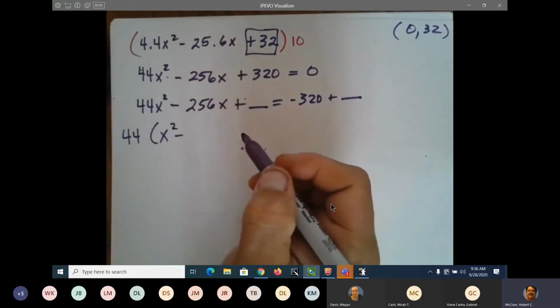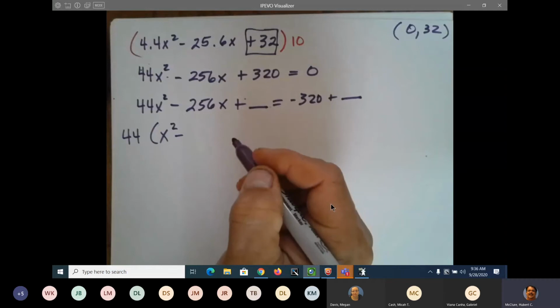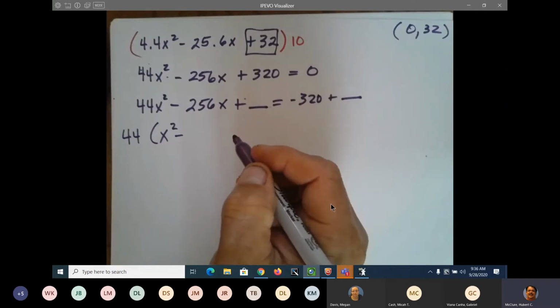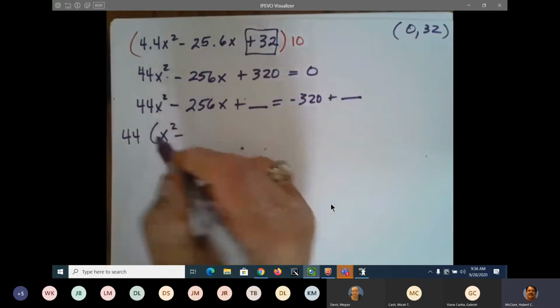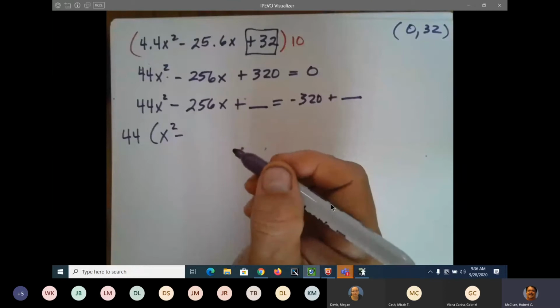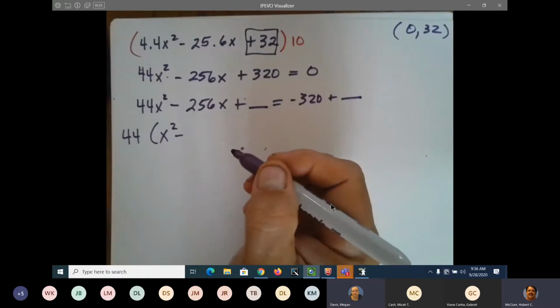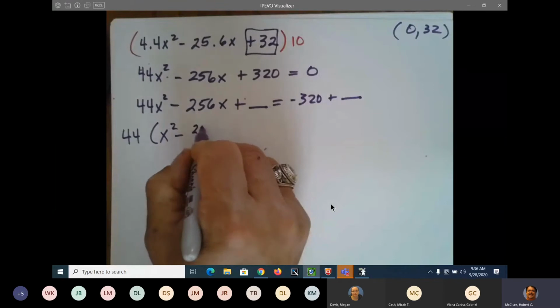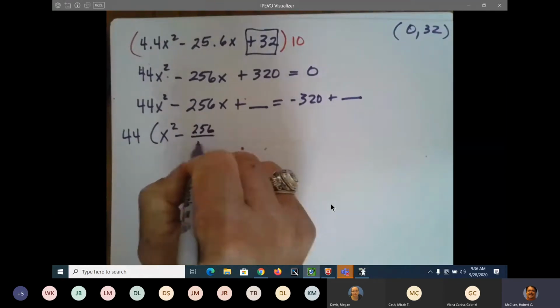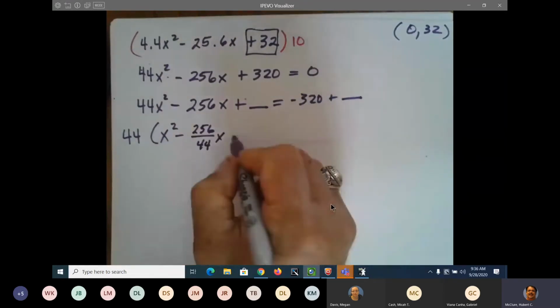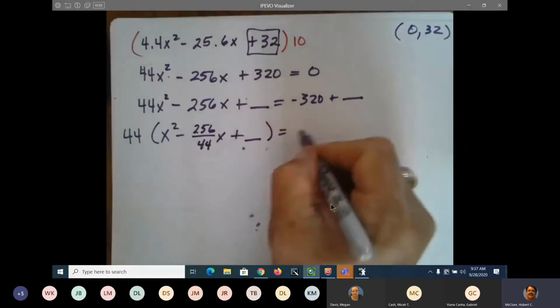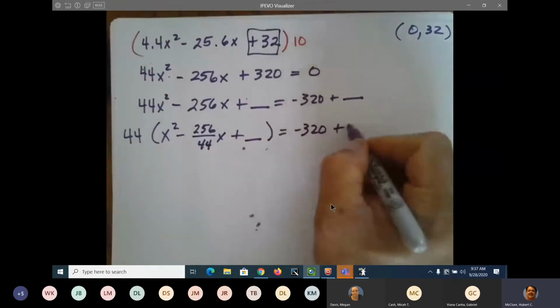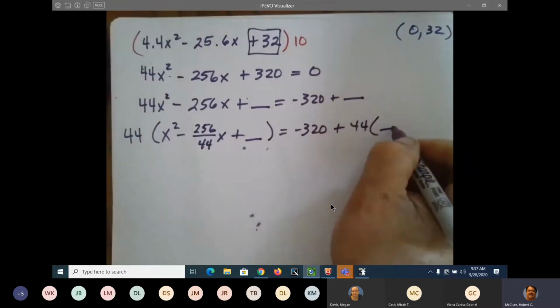Can somebody check that on your calculator right quick? 256 divided by 44. Is it even or is it a decimal? It's a decimal. Okay, then don't do it. I'm going to just go 256 divided by 44 and we'll reduce that. Plus blank is equal to negative 320 plus 44 times blank.